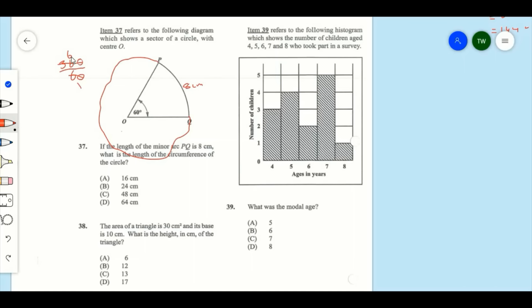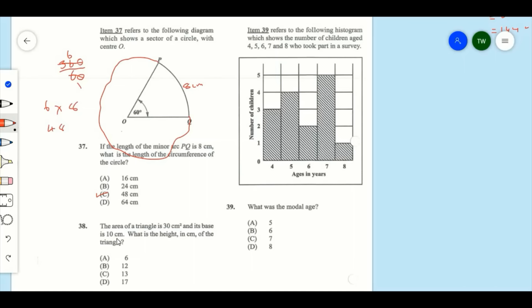So we have 6 groups of 60 degrees. Remember that the length of the arc for one group of 60 degrees is 8. So the length for the entire circle is going to be 6 times 8, which is going to be 48. So the circumference of the circle is going to be 48 centimeters, and that answer would be C in this case.